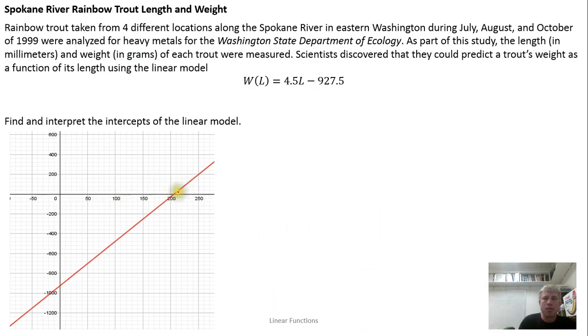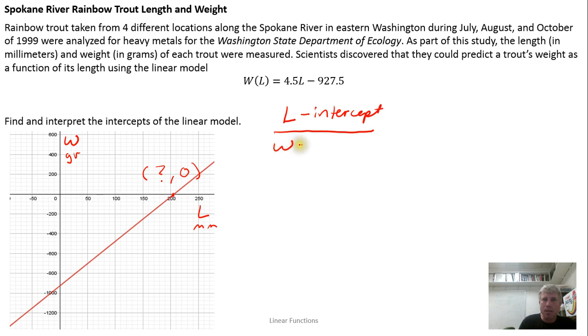To get the length intercept, which is right here, we want to recognize that we don't know what that number is, but that the weight is going to be 0 right there. This is the length axis again. This is the weight. Weight's measured in grams. Length is measured in millimeters. And the next intercept to get is the length intercept. To find the length intercept, we need to understand that when we are crossing the horizontal axis, the output variable will be 0.